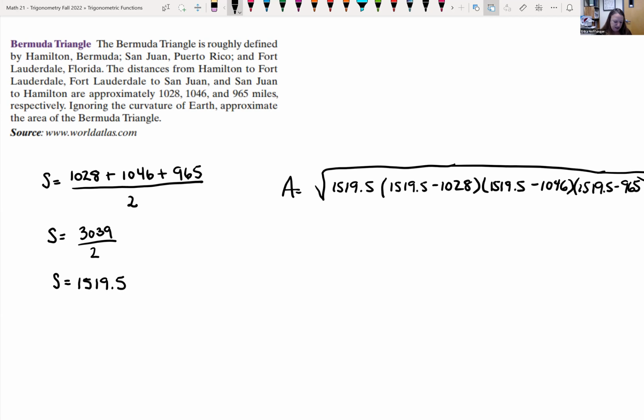So let's just throw this into the calculator. We have the square root of our answer times that answer I'm just putting in, which is 1,519.5, which is already in my calculator, minus 1,028, all times my answer, minus 1,046. My answer. Oops.